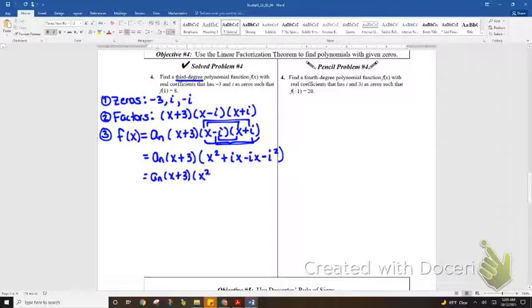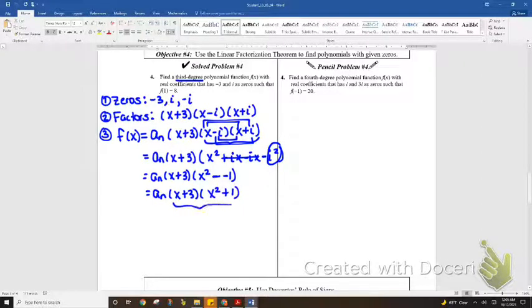So x squared, ix minus ix will cancel. So we got minus, remember I squared is the same thing as negative 1. So you get a sub n times x plus 3 times, this gives us x squared plus 1.